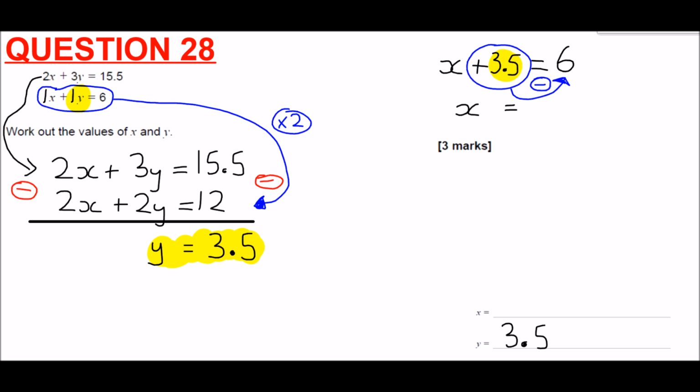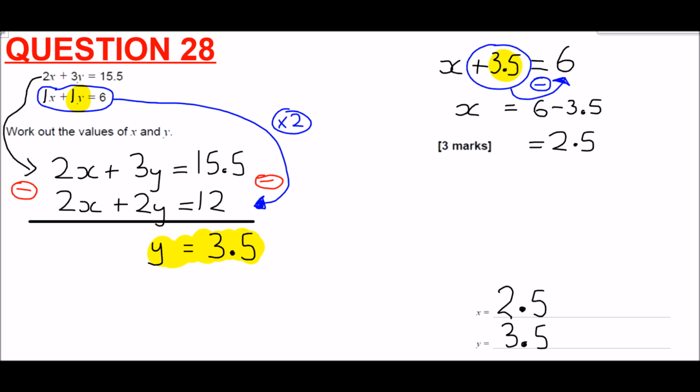So x is going to be 6 take away 3.5, which would be 2.5. These need to be practiced a lot to be mastered, but that's how you do this particular one.